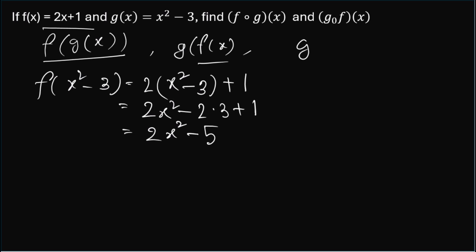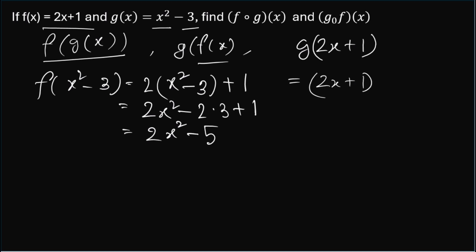So here consider g of f of x, where f of x is 2x plus 1. Here the function g of x equal x power 2 minus 3. So we need to replace the x value by 2x plus 1.